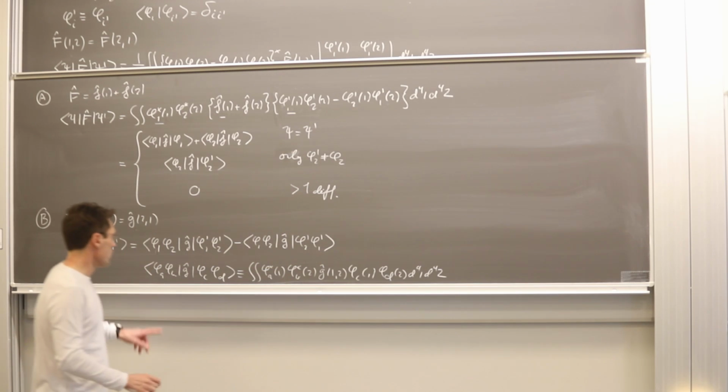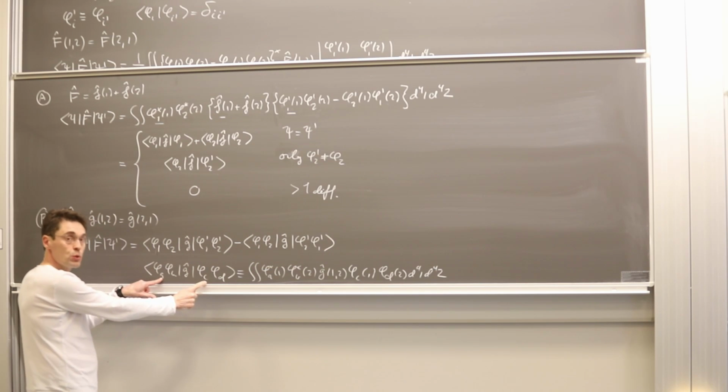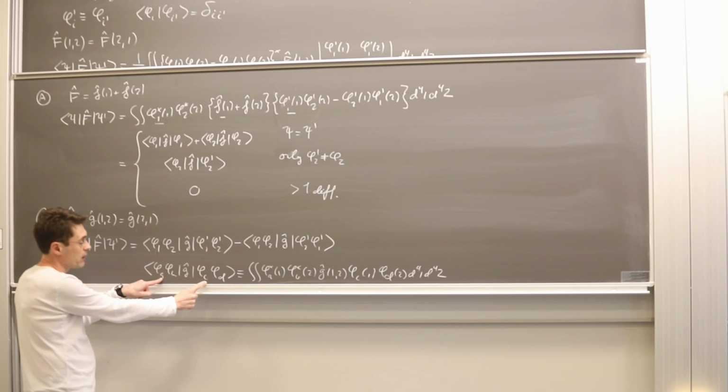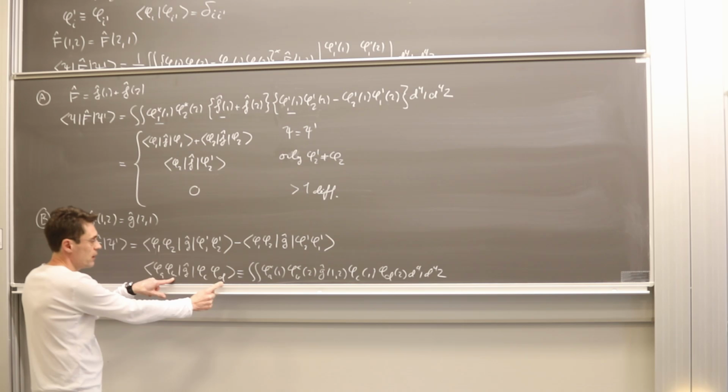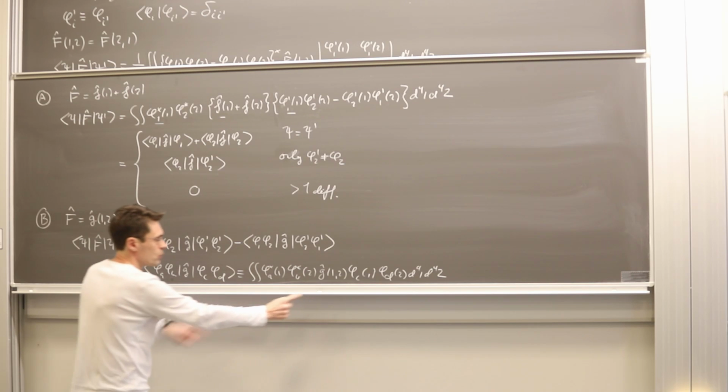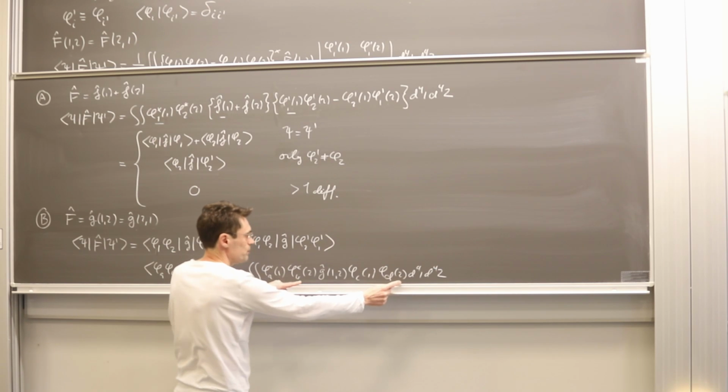That's it. Right, so the important point here is that the first 2 functions have the same argument, and the second functions here have also the same, but different, argument. So 1, 1 and 2, 2.